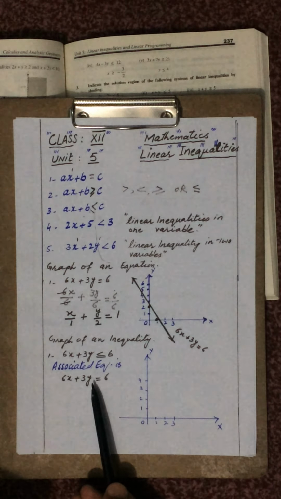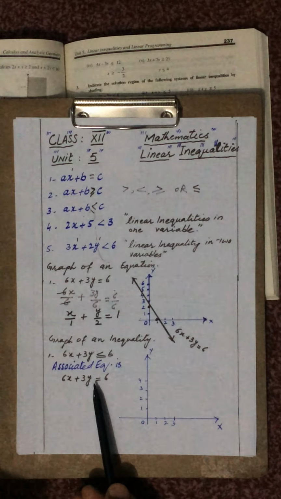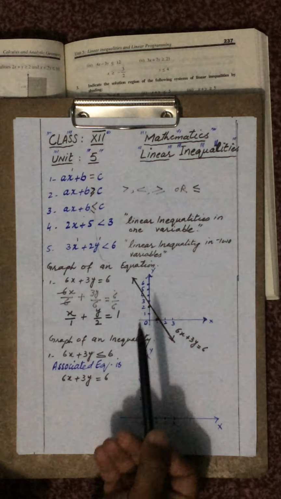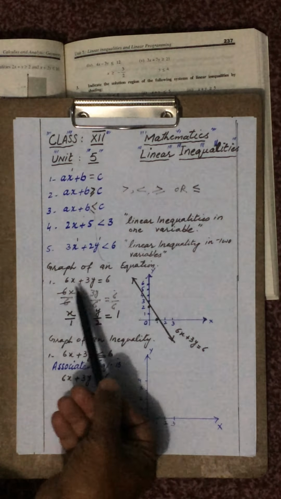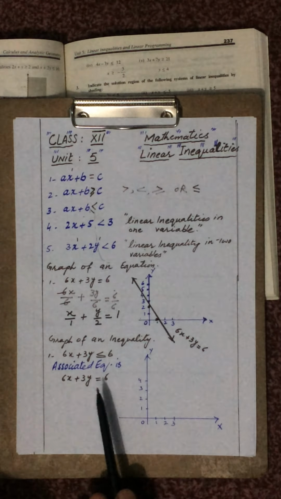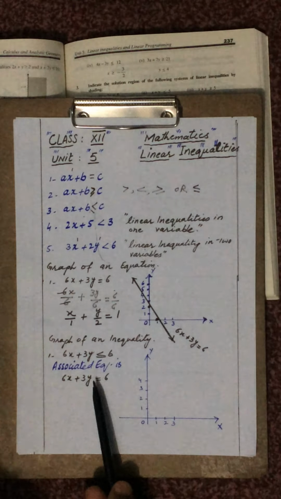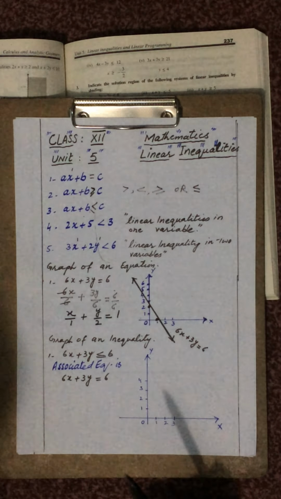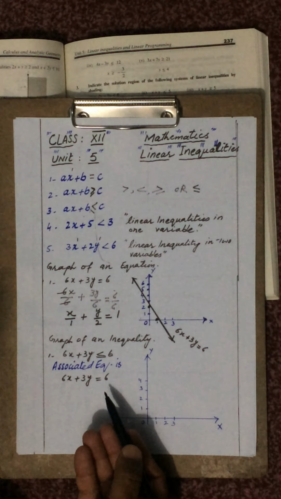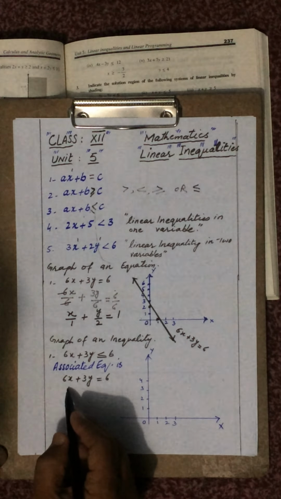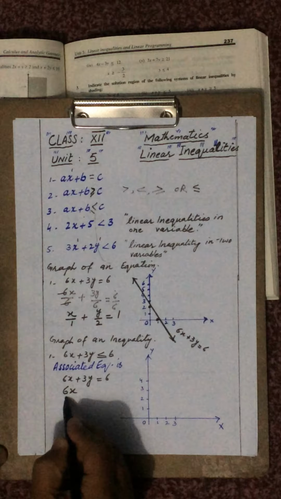First of all, we draw the graph of the associated equation. This is the same equation, so we draw the graph of it here. First we write it in the two-intercept form, so we divide by 6.